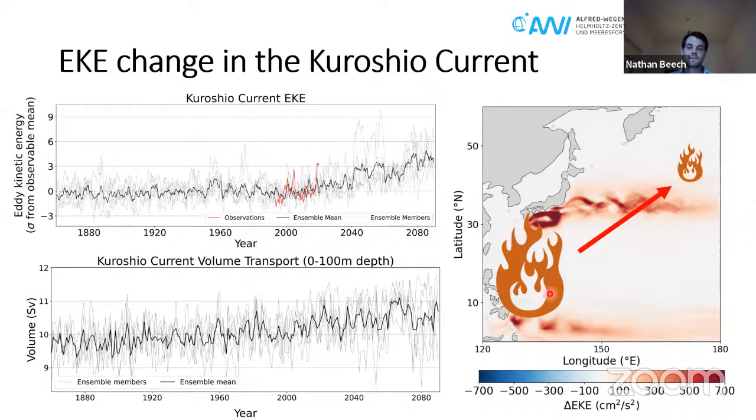And as it turns out, upstream of the Kuroshio current, things are getting hotter because of climate change than downstream of it. That means there's a steeper gradient between upstream and downstream Kuroshio, and that means more energy wants to escape this southern region through the Kuroshio current, and so more water goes through.